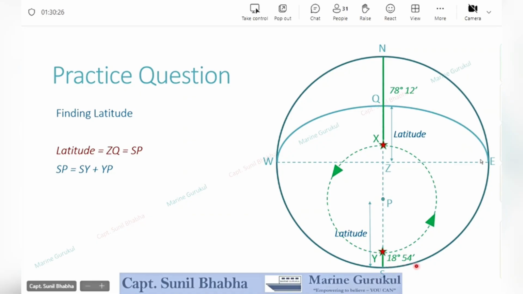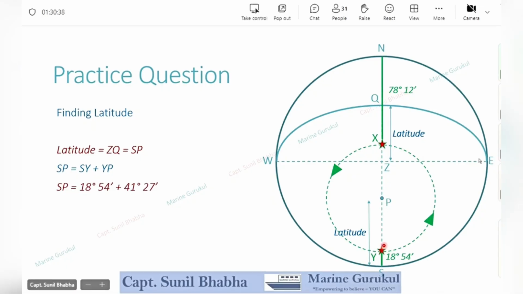SY is given as 18 54, that is the altitude of the star. So we know SY is 18 54 and PY is nothing but the polar distance of the star, which we had already found out, 41 27.